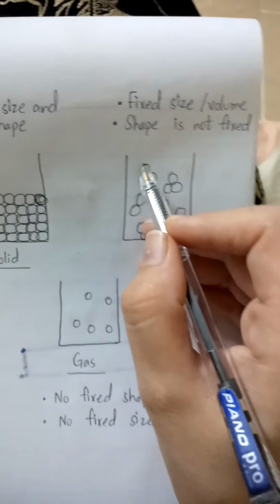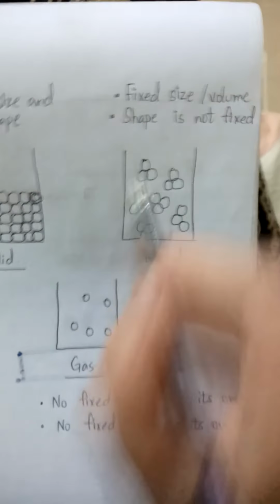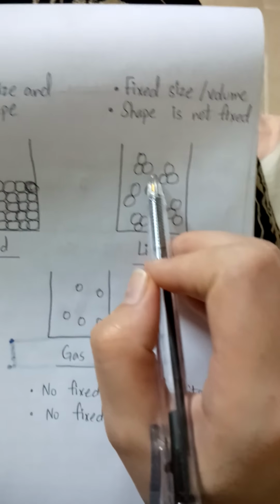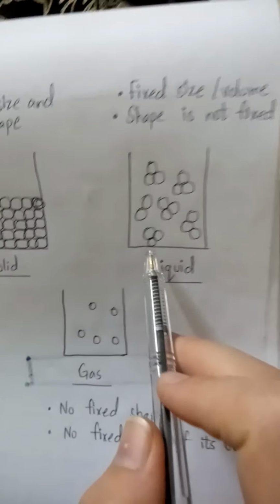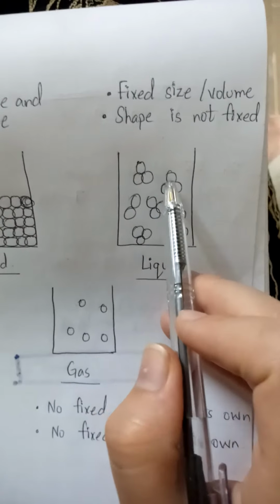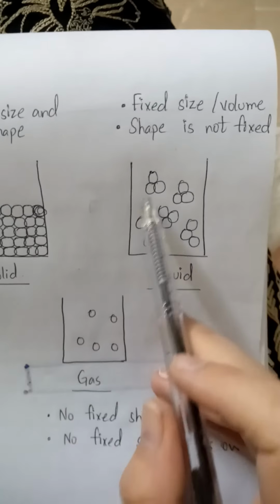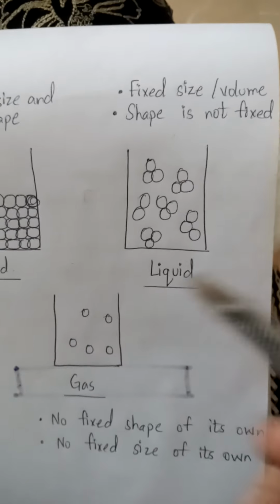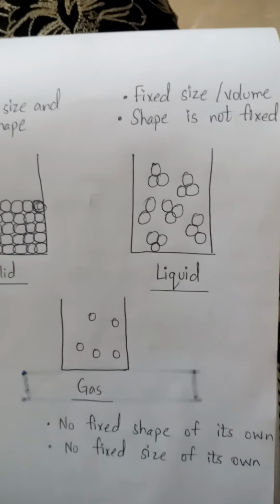Why am I saying it is a molecule? Because the smallest possible unit is called an atom, and here I can see more than one, so it becomes a molecule. That is why I'm calling them molecules. Here you can see that the molecules have some space and distance between them, and that is the reason that liquids can flow easily.